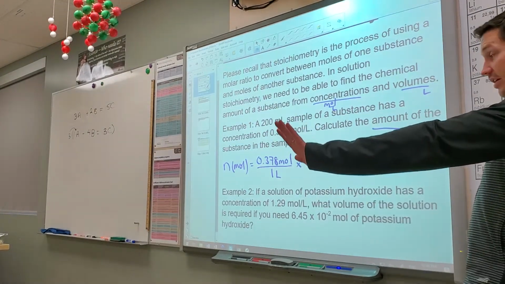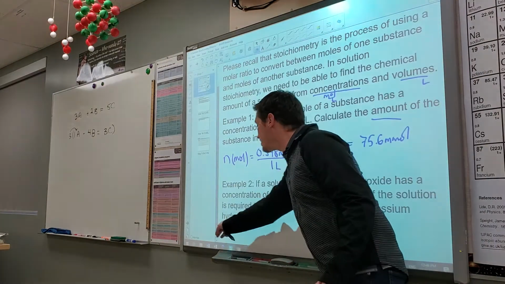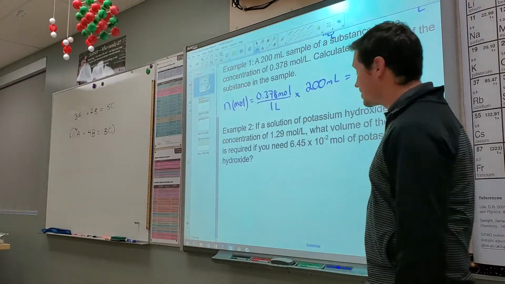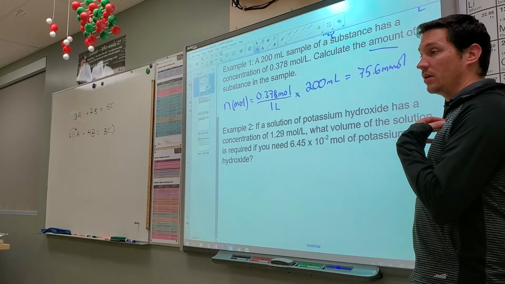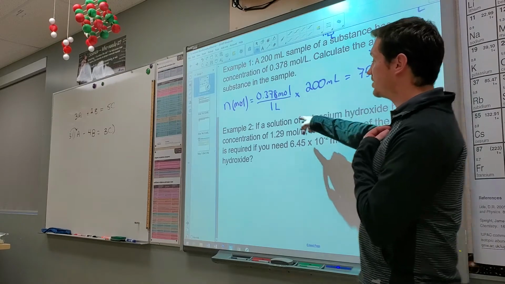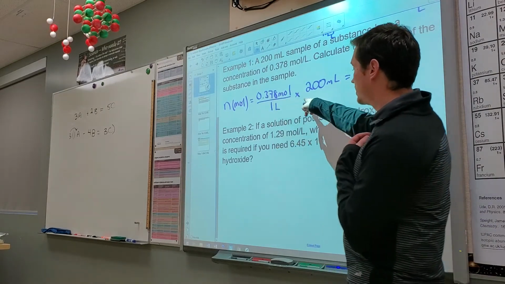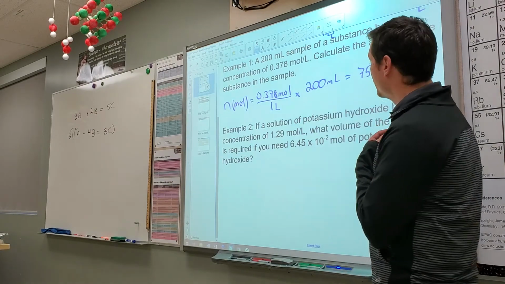Or you could have changed the milliliters into liters, and that would have been totally fine too. If we changed the milliliters into liters, we would have said 0.378 times, what's this in liters though? 0.2.